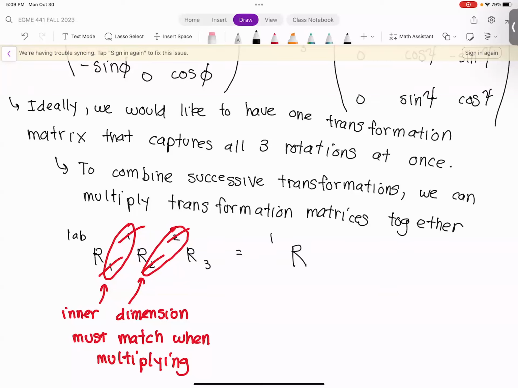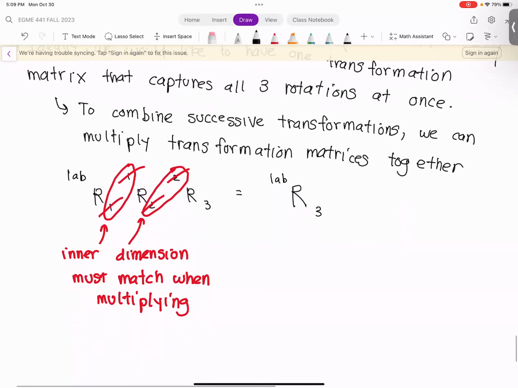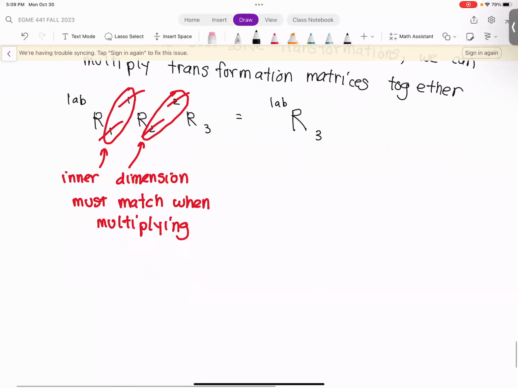On the left-hand side, we have lab. And on the right-hand side, we have 3. Orientation 3 being the final orientation after we perform those 3 rotations, the yaw, the pitch, and the roll rotation. That one matrix is going to capture all 3 steps of that transformation.